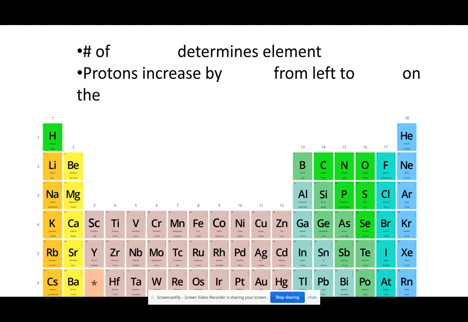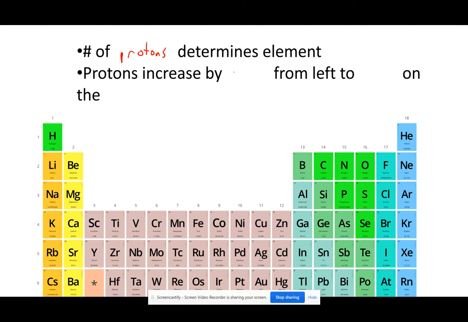Now, when we look at the periodic table, the number of protons determines the element. Meaning, if I have 1 proton, that's hydrogen. If I have 2 protons, that's helium. The number of protons is the only thing that tells me whether or not I have hydrogen, helium, or any other element. It's all determined by the number of protons.